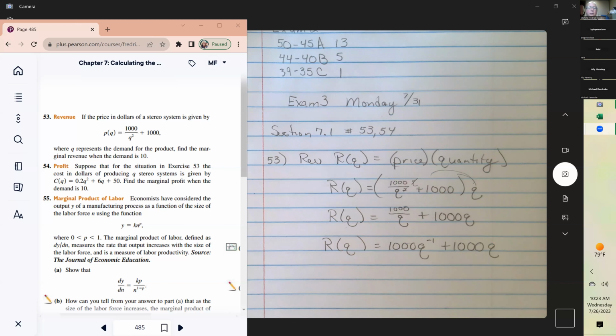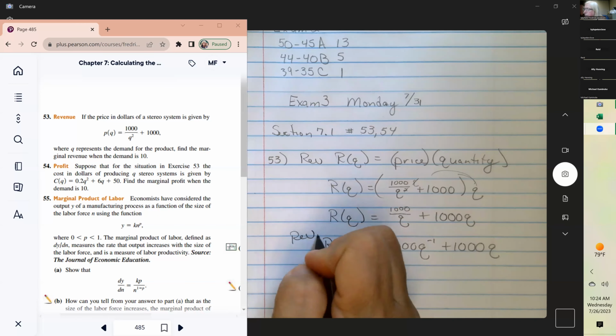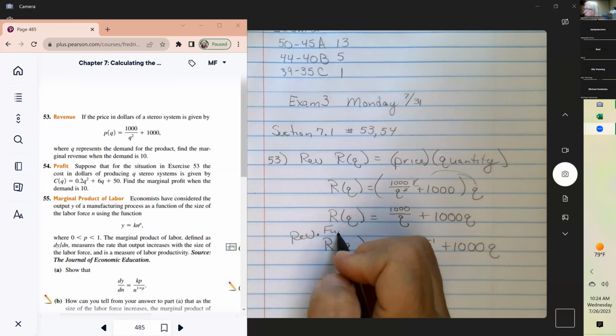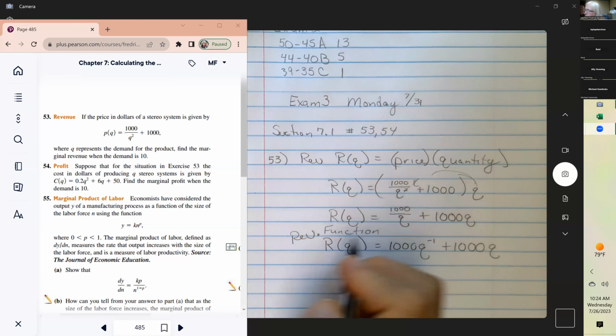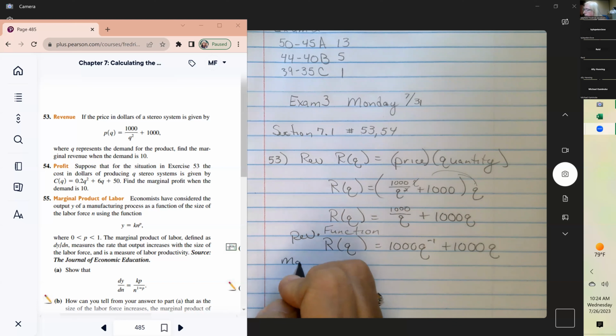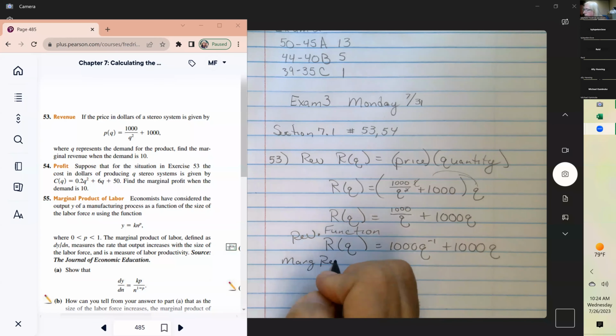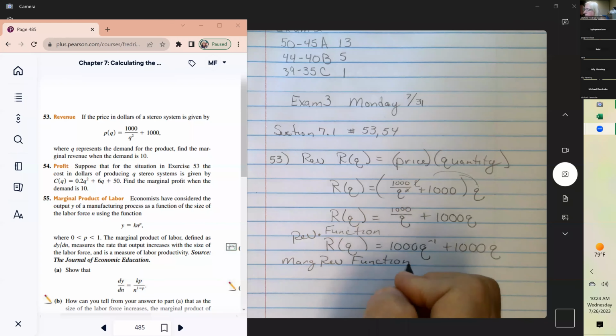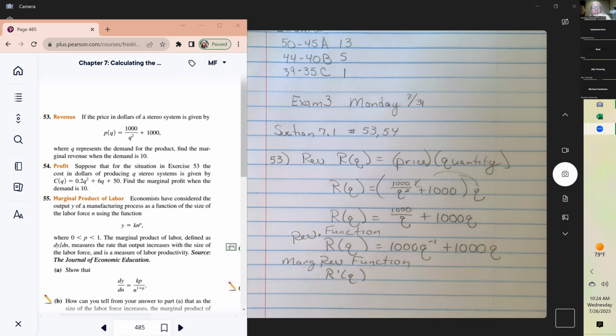Any questions? So this is our revenue function. Marginal means to take the derivative of it.